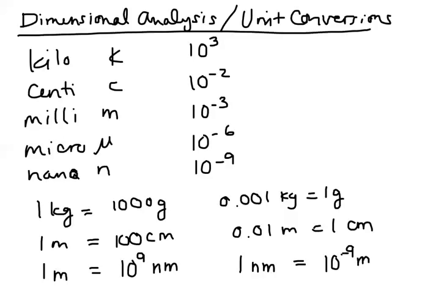That means that 1 meter has 1 billion nanometers. So 1 nanometer is 10 to the minus 9th. It's 1 billionth of a meter. You have to know these because we will be using these in the conversion.